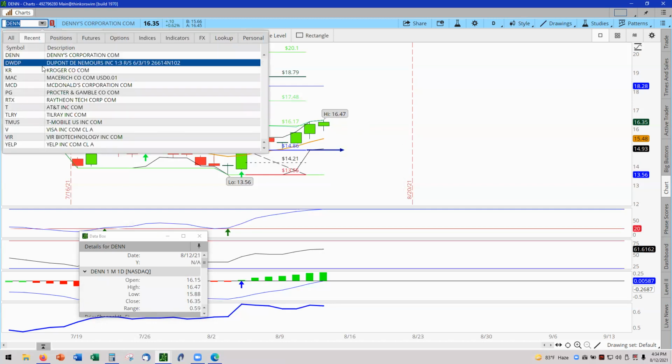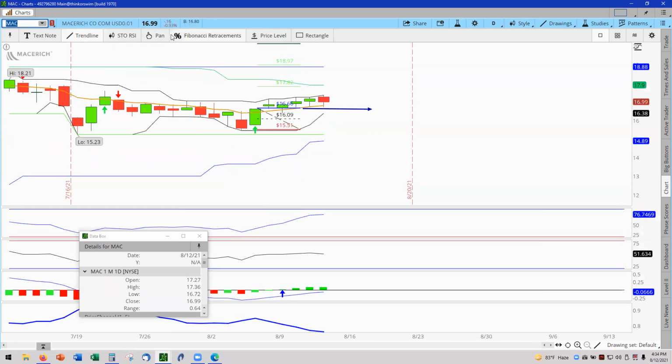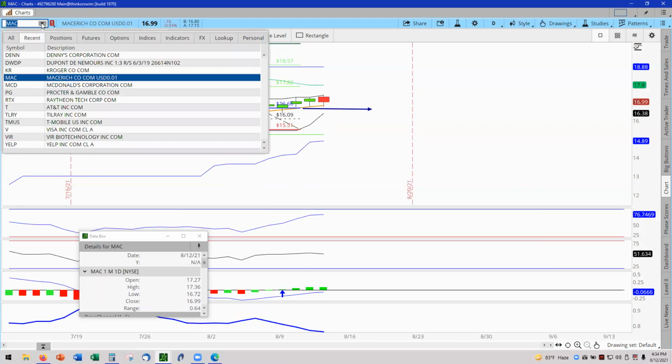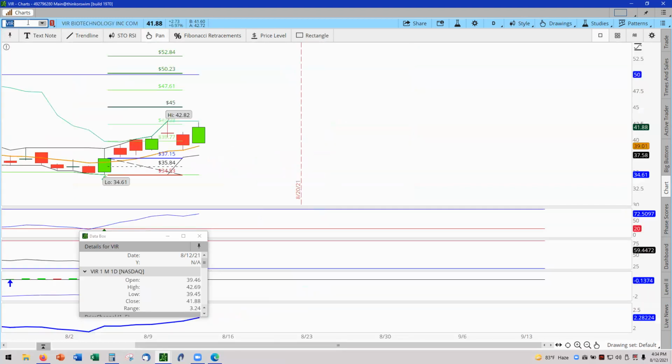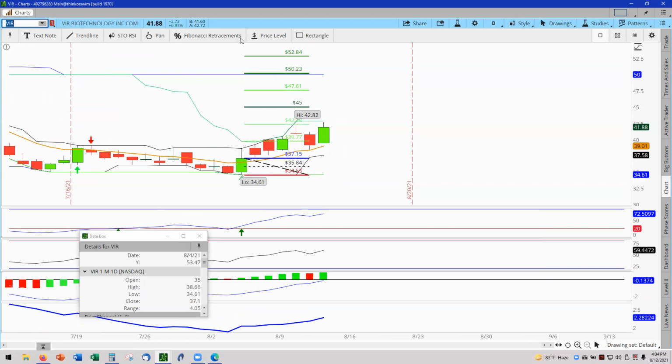And now we move on, and we did AMC. AMC is done. And now we'll go on to VIR. There we go. And it cleared this first gantry. So now it's here. And also price cleared the first.